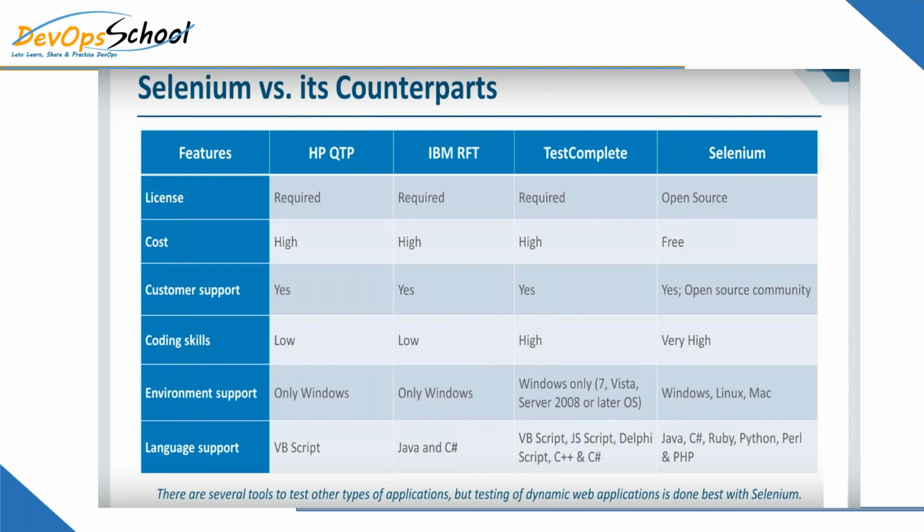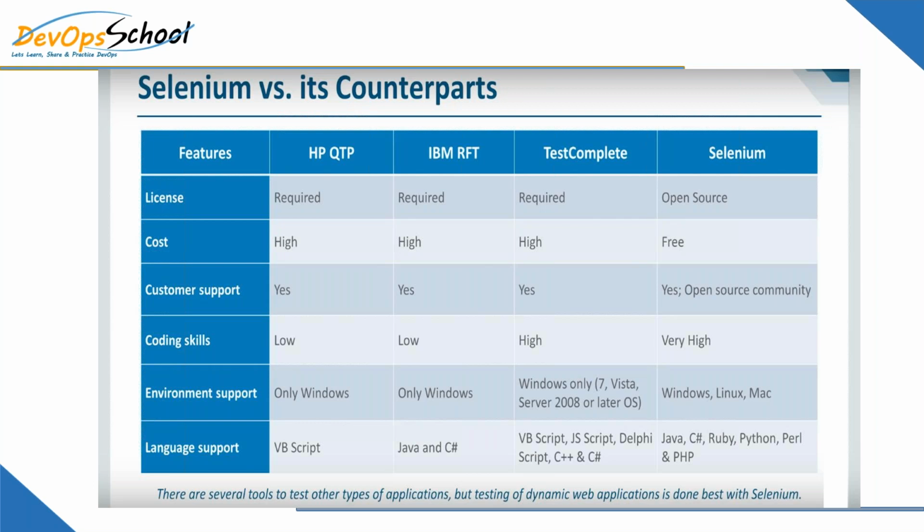Now, if you compare Selenium with its counterparts, these are some of the very popular tools: HP QTP, IBM RFT, TestComplete, and Selenium. If you see that, Selenium is almost everywhere in a leading position, except one place, where it says coding skills.